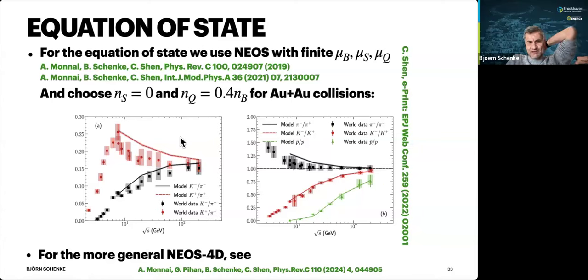To test whether the chemical aspects are correctly described, we looked at particle ratios, so kaons over pions, for example, and also p-bar over p, and so on. As a function of collision energy, this describes the data fairly well.